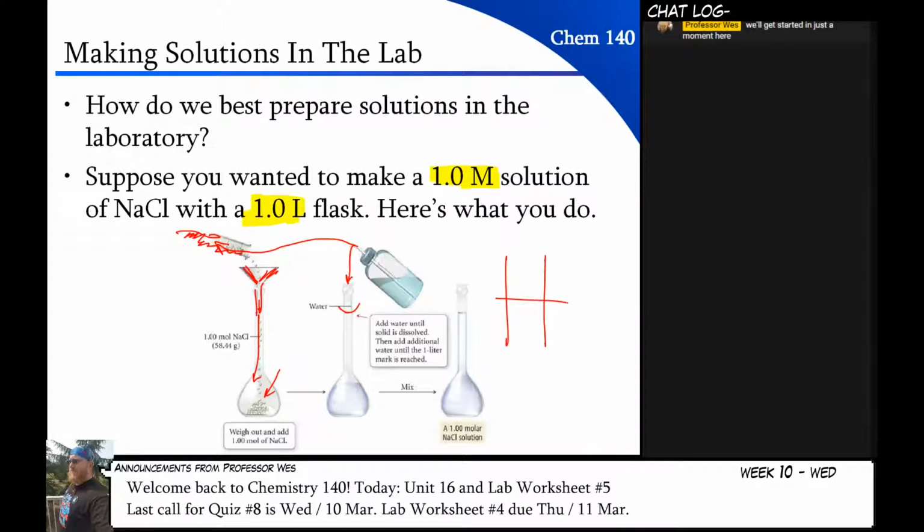Now, your fill line is going to look something like this. If you're adding water and you stop at this point, you have too much, or you need to add more water because you haven't reached the line. This is the correct fill. I'm trying to make it touch the line like that. You know, I can do better than that. Let's try that again.